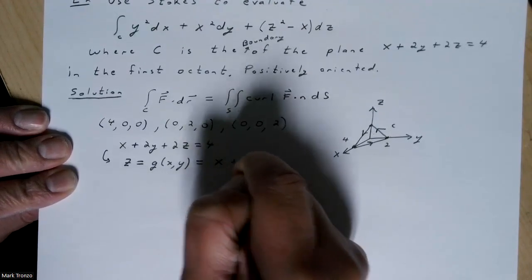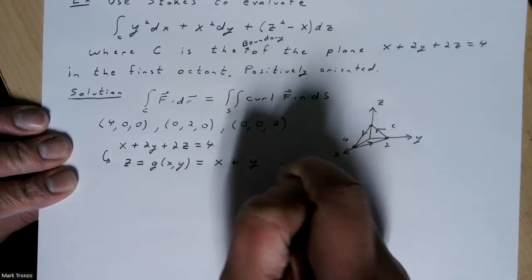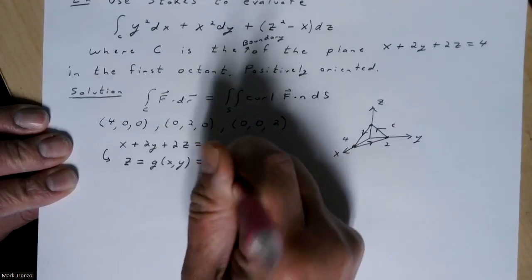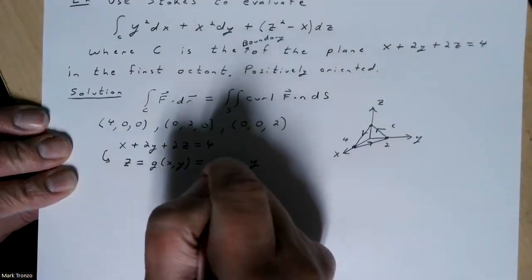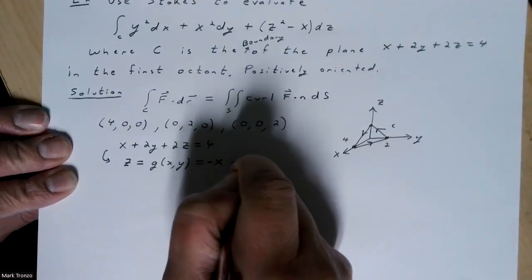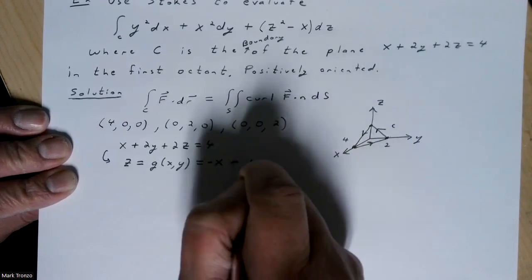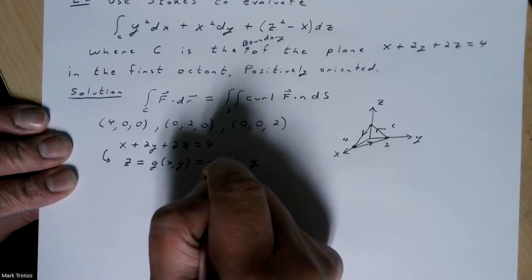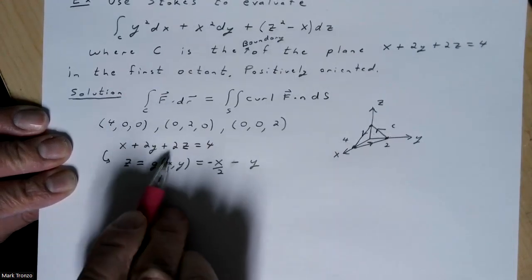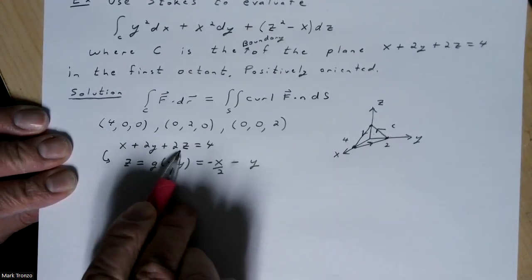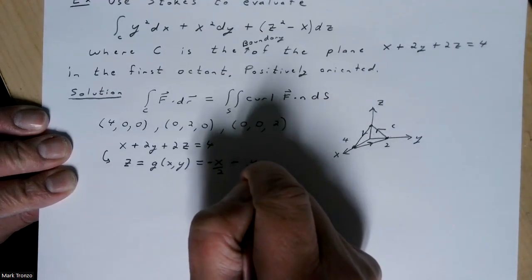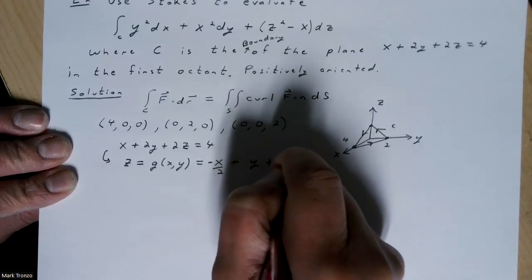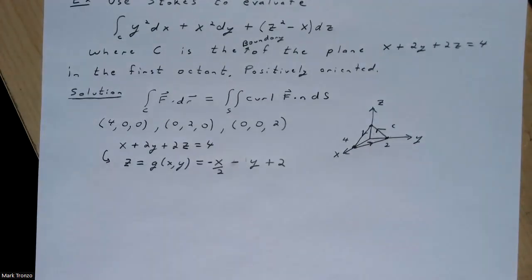So let me just leave those empty for just a second. And when we bring those to the right, we're going to get negatives here. And notice that when we bring those to the right and divide by 2, we're going to have x over 2. And divide by 2, y will just be 1 in front of it. And divide by 2, and we'll have 2 over there.